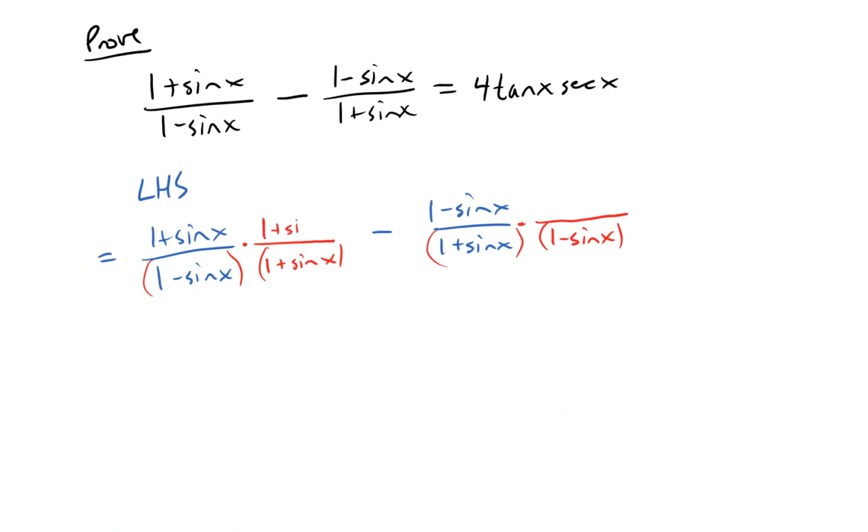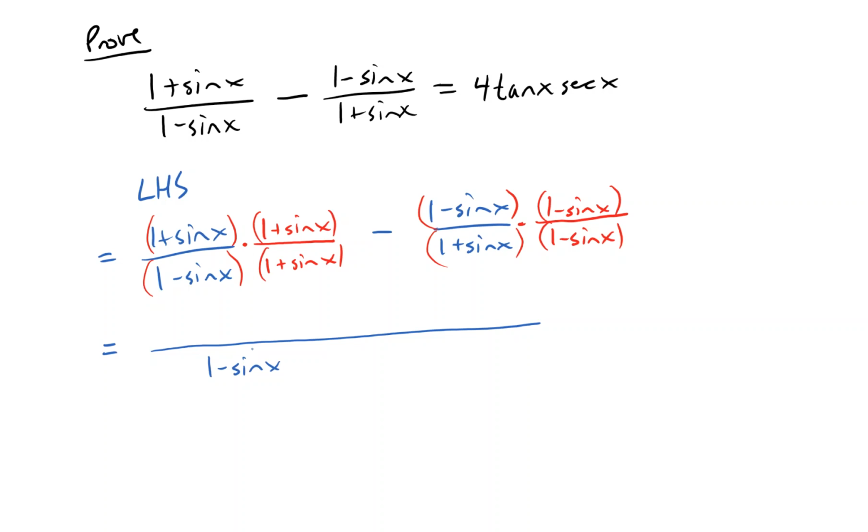So 1 plus sine x here, and 1 minus sine x here, because each of the fractions I multiply by has to equal 1. Multiplying these together, the denominators match, so I get one big fraction where I've got 1 minus sine x times 1 plus sine x as my denominator.